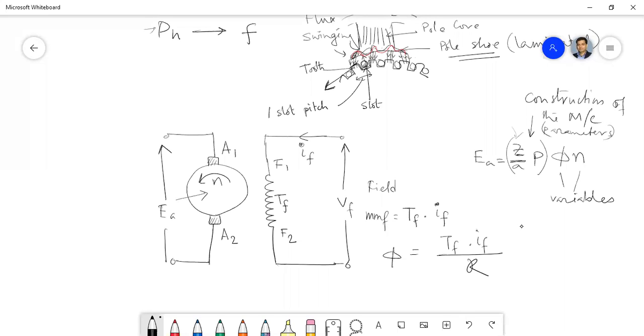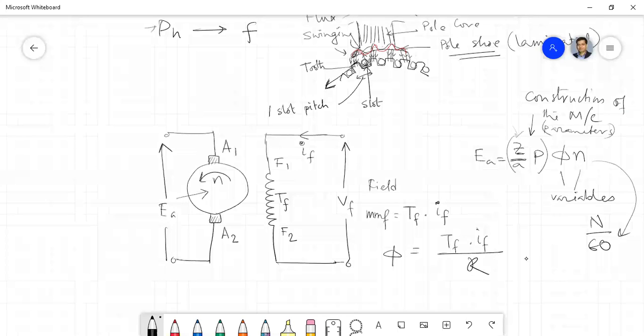Capital N is revolution per minute, RPM, the speed in revolution per minute, which we mostly use, and small n in the expression is RPS. So if you want to replace it with capital N, you have to write n equals N by 60. Okay, sir.